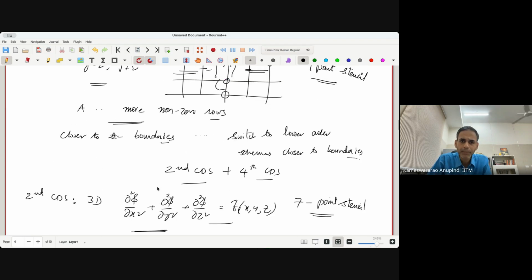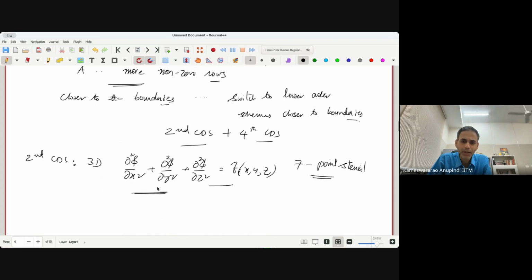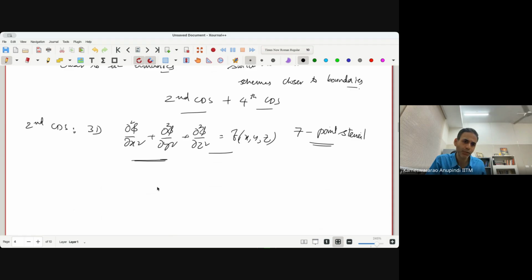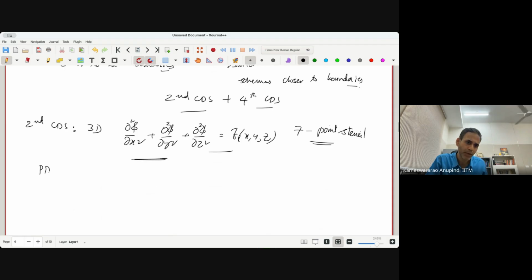All these are fine, but what happens in reality is that when you deal with partial differential equations, especially elliptic PDEs, the number of degrees of freedom, that means m by n, will come out to be very large, right? You're probably dealing with millions of points or so.